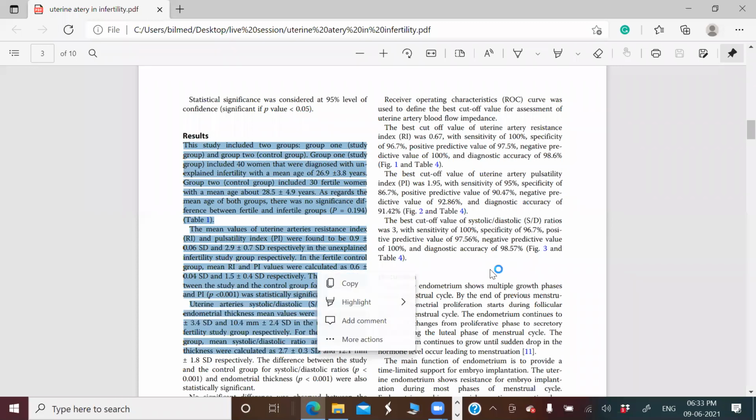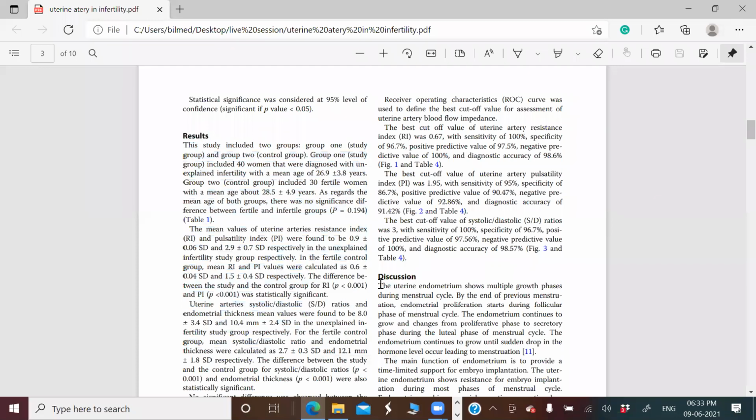Now, over here, the uterine artery and endometrium during menstrual cycles. The point is that it depends on which chart you are using and the background of that chart, whether the study has been conducted in mid or early cycle. Accordingly, you have to decide.